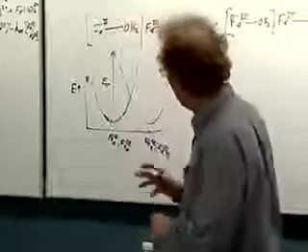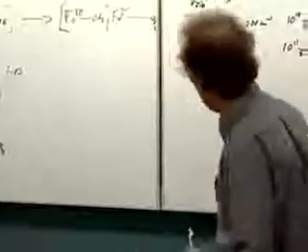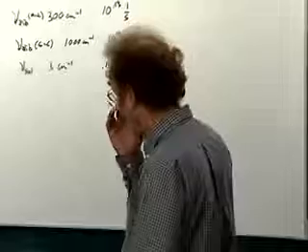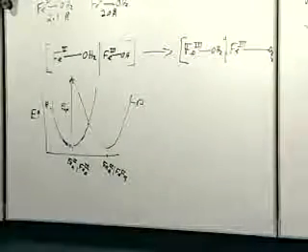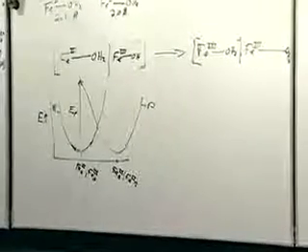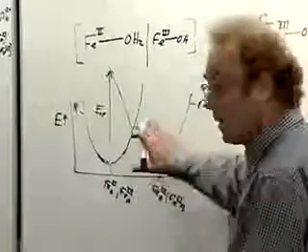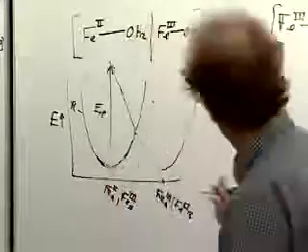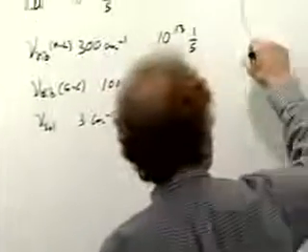Okay. Now, if I've drawn the system like this, one of the postulates that Rudy made was that these surfaces would be parabolic, that they would be harmonic. And that was sort of a guess, but it turns out that actually that's a reasonably good guess. And from the very fact that they're parabolic, we can develop a lot of information about the system. So let us now just consider these curves.